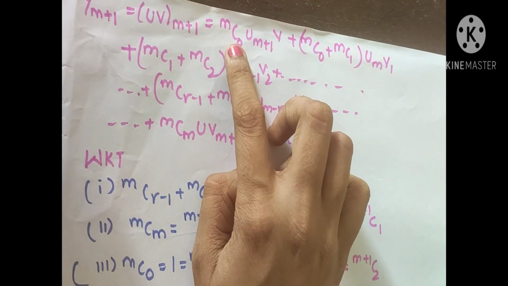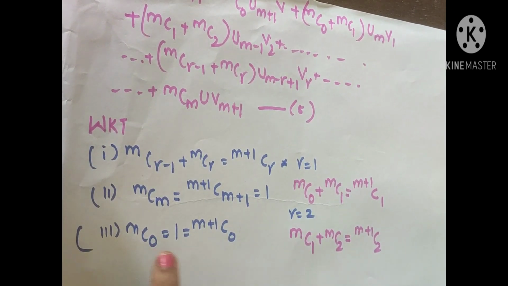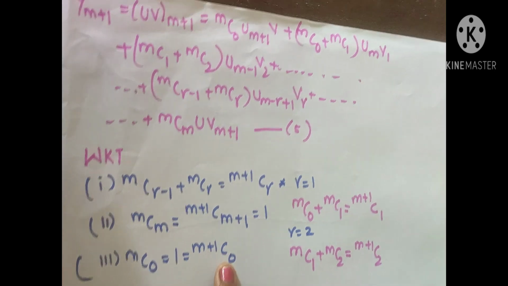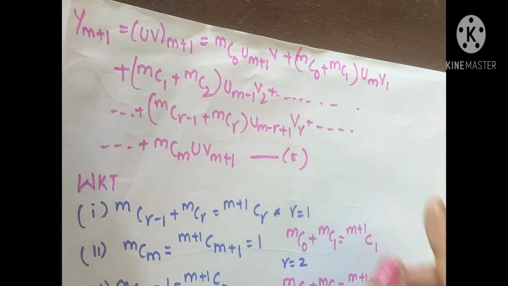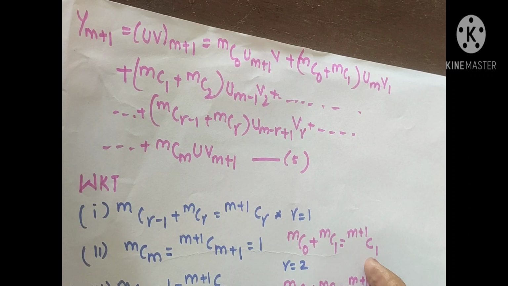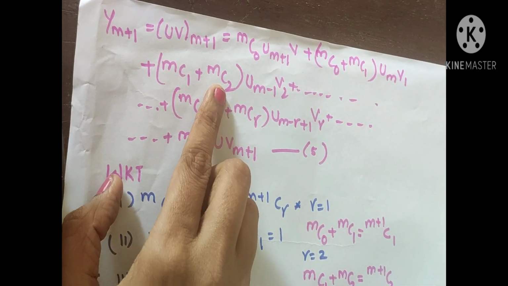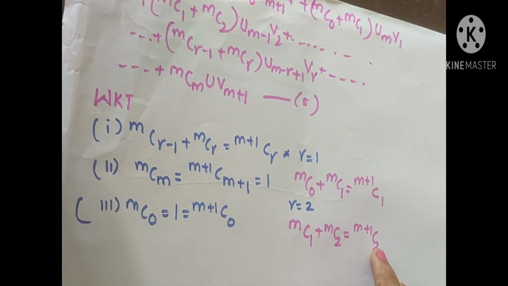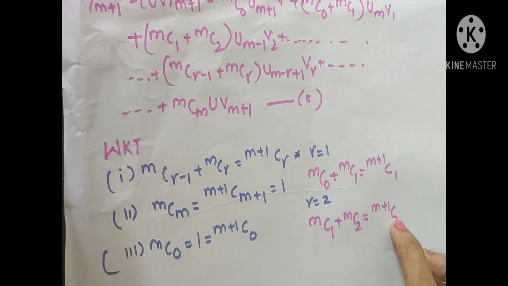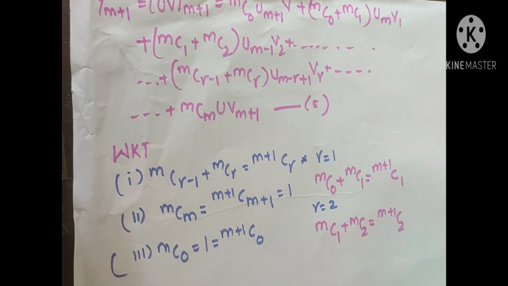Now instead of mC0, I can write (m+1)C0, and mC0 plus mC1 I can write as (m+1)C1. mC1 plus mC2 I can write as (m+1)C2. Okay, so just substitute the values.